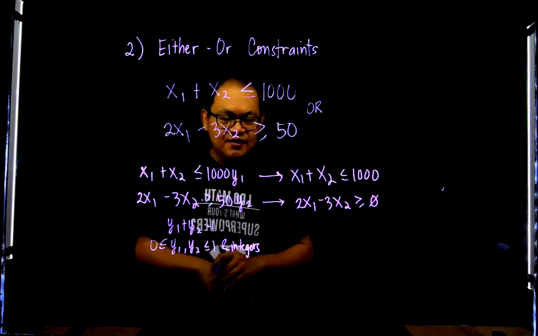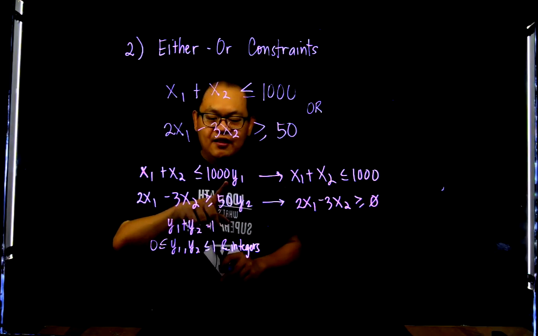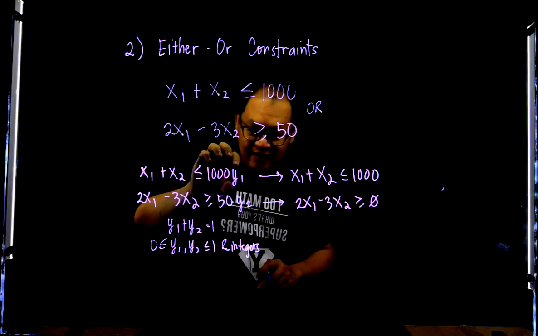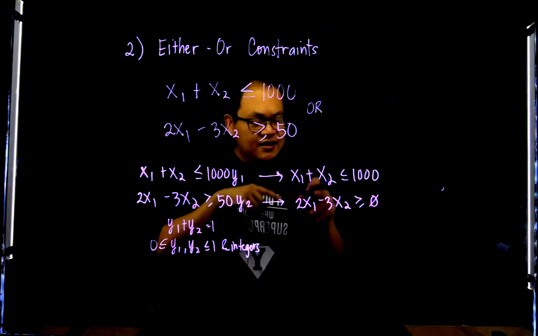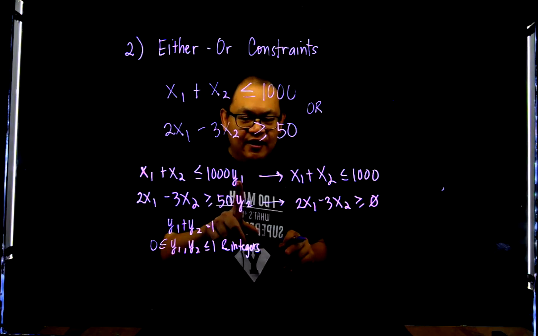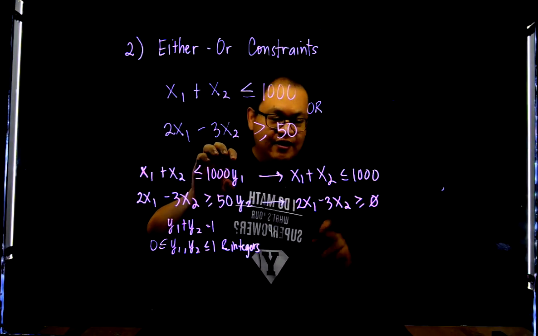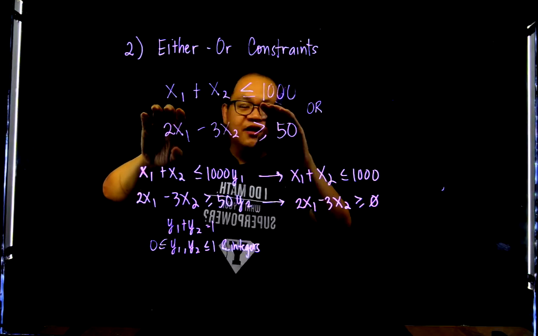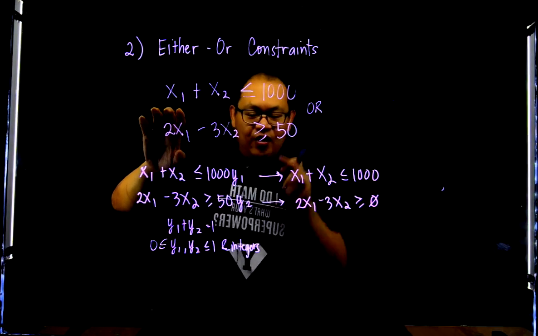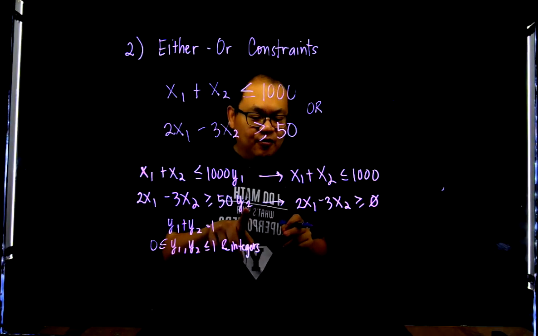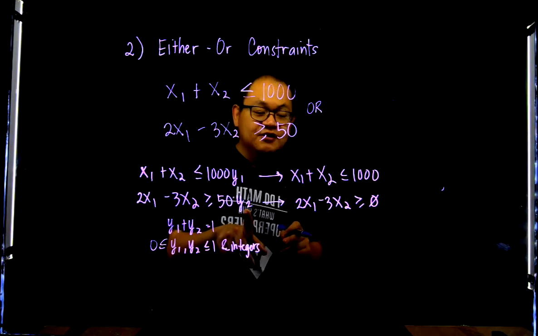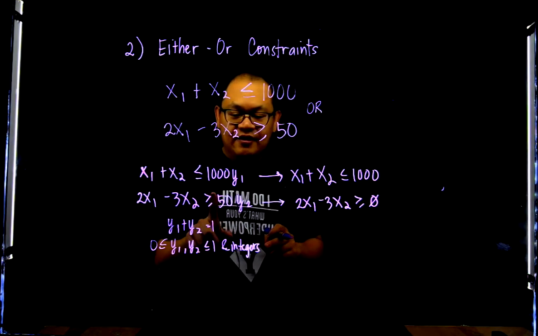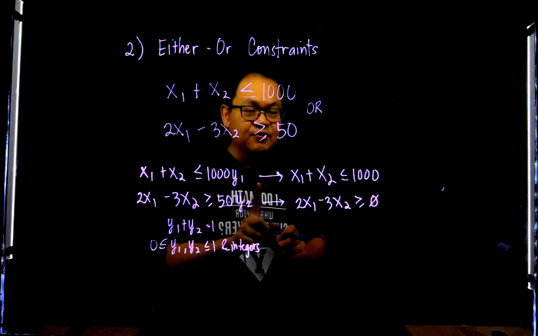Why? As you can see, if you just multiplied the constant part, the right-hand side, with the binary variable, yes, if y is 1, then you have the correct right-hand side as seen here. You have this x1 plus x2 less than or equal to 1000. However, the other binary variable which will become 0 actually made the entire right-hand side 0.